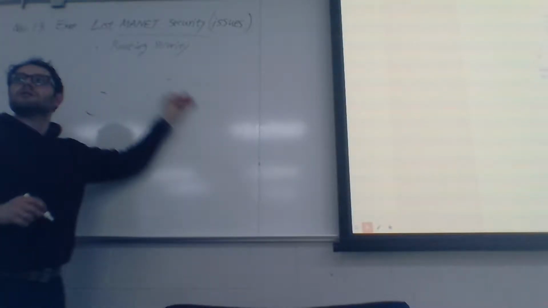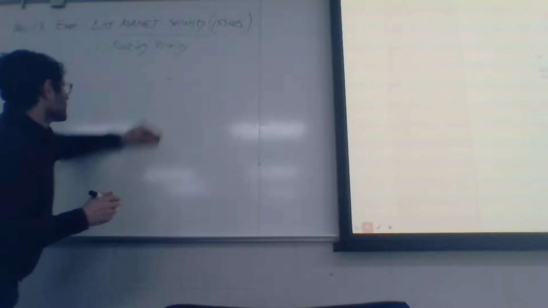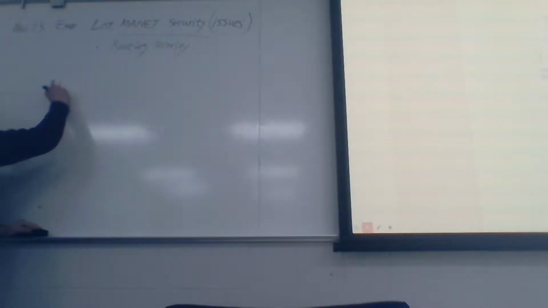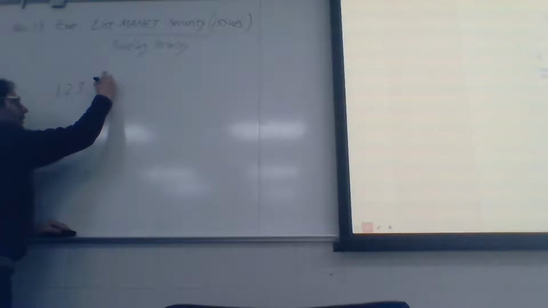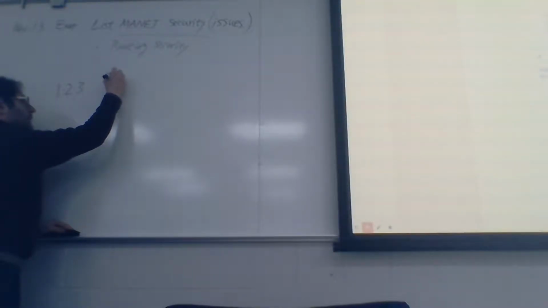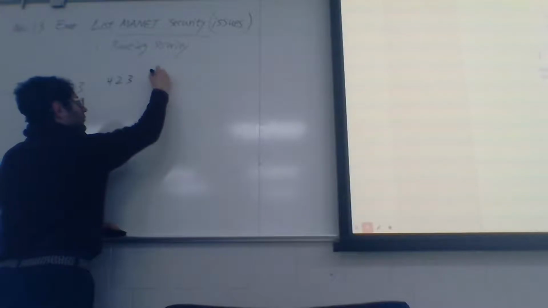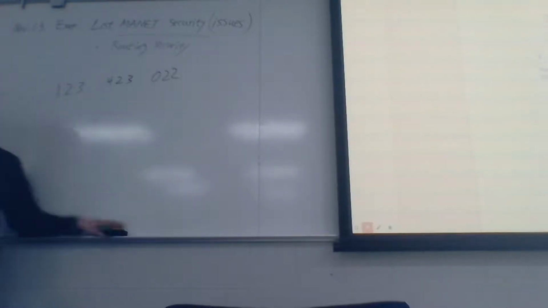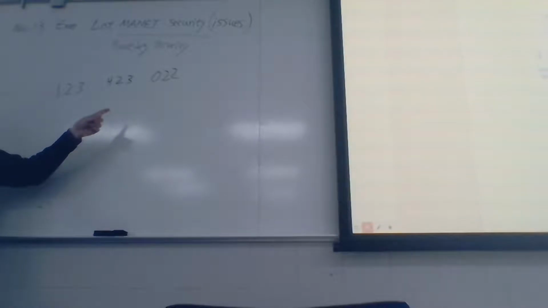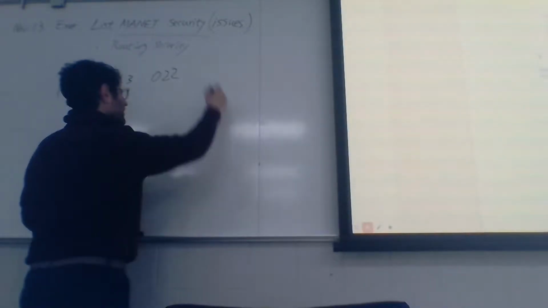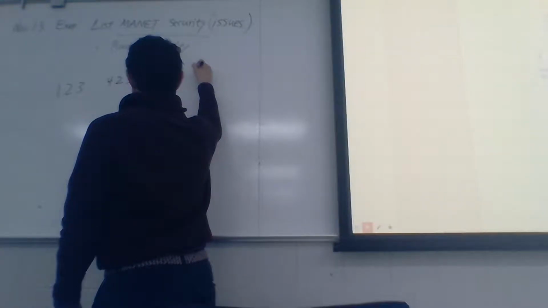So how does this work? Well, I'm going to run this over 3-digit decimal numbers to be specific. So let's start out with 123. I'll also do 423. Let's go with 22. Notice I'm pre-padding 22 with a 0, that's just for simplicity's sake here, so I don't make a mistake.